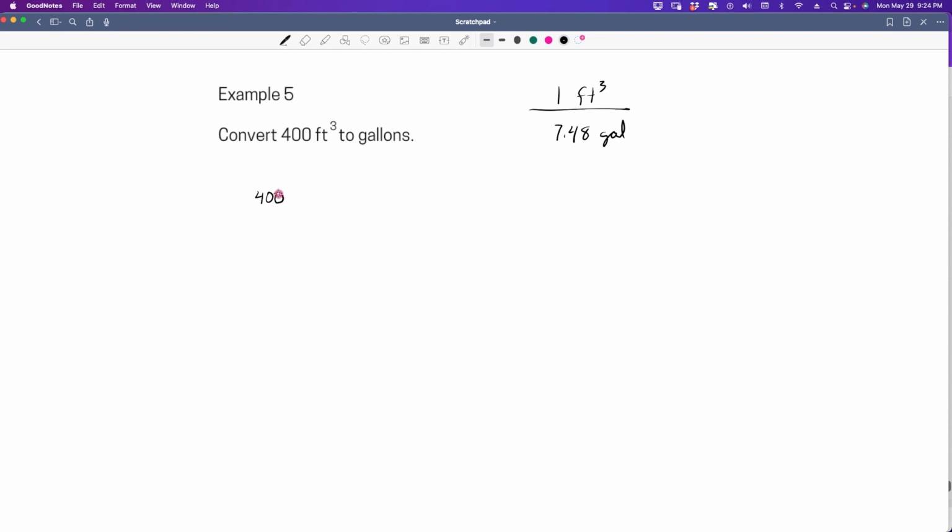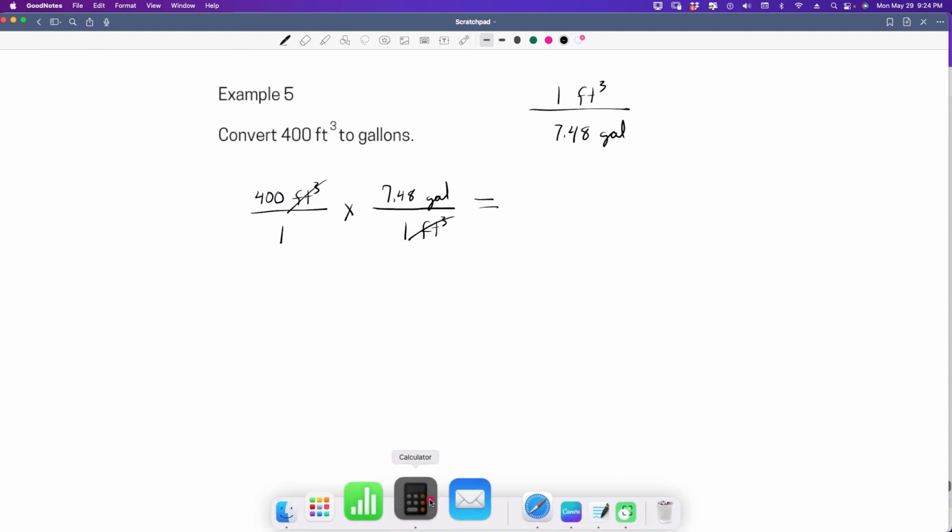So 400 cubic feet, or feet cubed, however you want to say it. And I'm going to put cubic feet in the bottom in the denominator so it'll cancel. So 7.48 gallons goes in the top and 1 foot cubed goes in the denominator. So then these cancel. So now I just have to multiply 400 times 7.48.